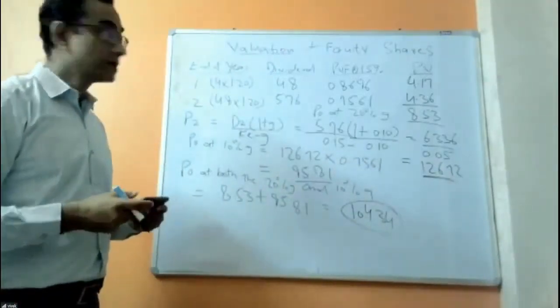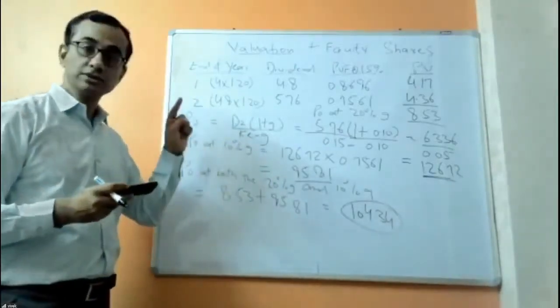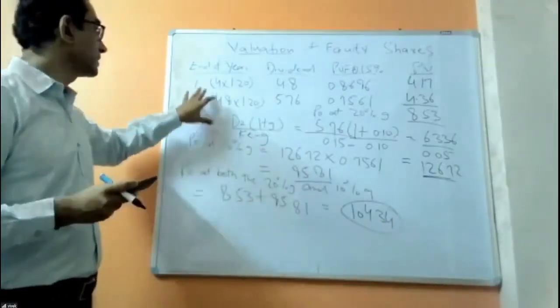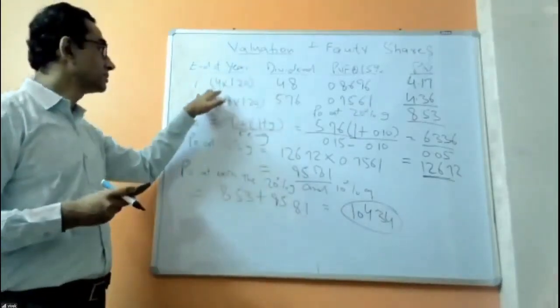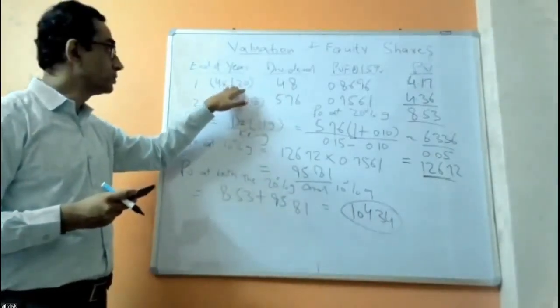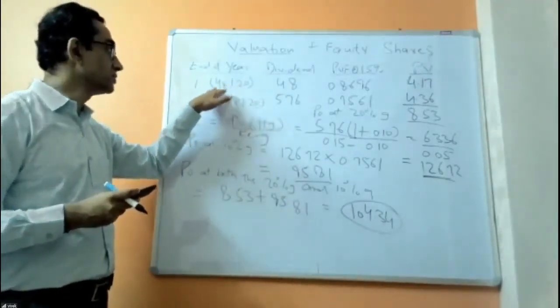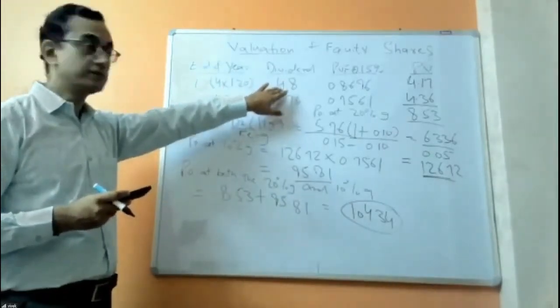So in this question, how have we proceeded? We have first calculated the present value at 20% growth rate. First of all, we calculated the dividend amount at the end of the first year by multiplying the present dividend with the extraordinary growth rate, which is 20%. So we multiplied it by 1.2, which is 4.8. This is the dividend at the end of the first year.